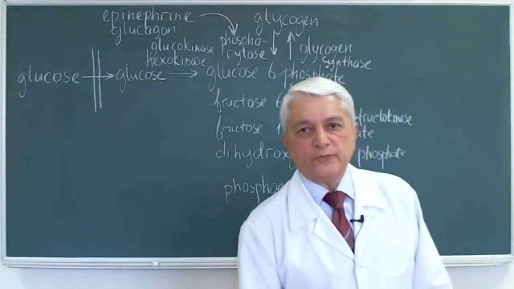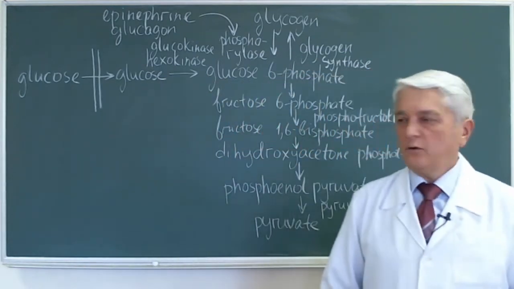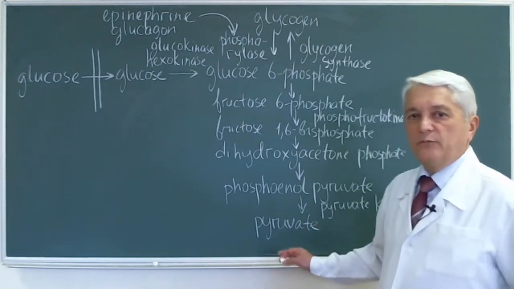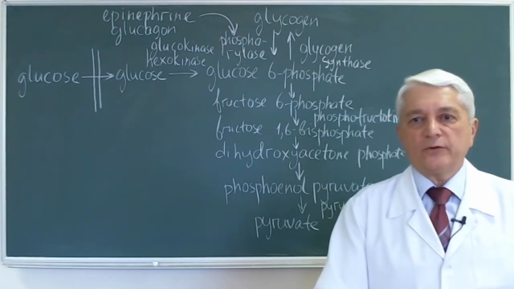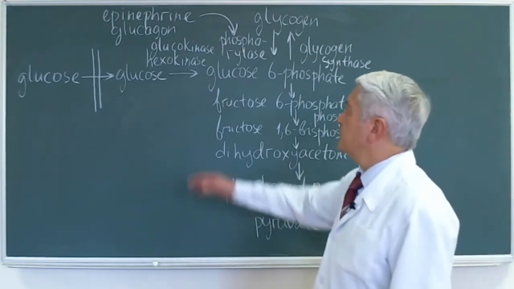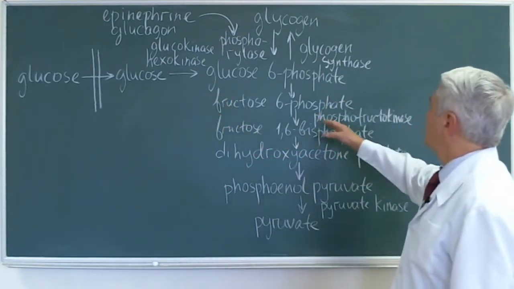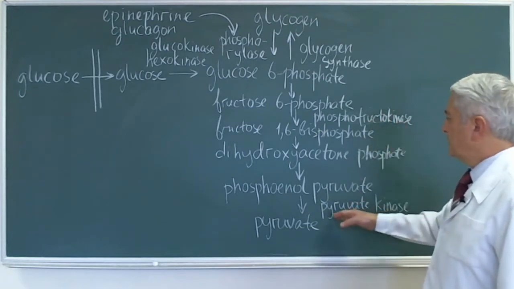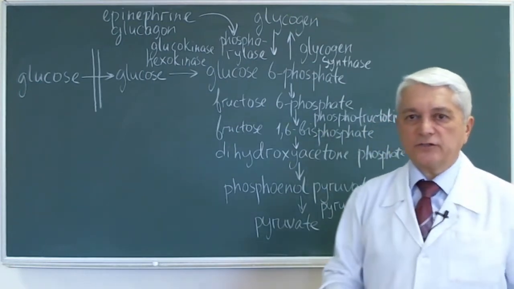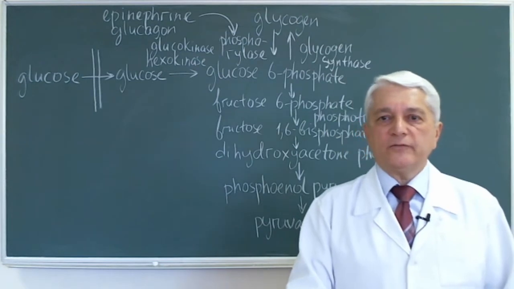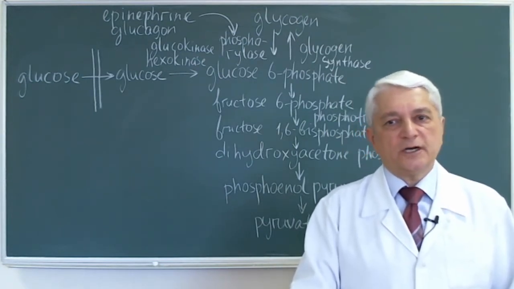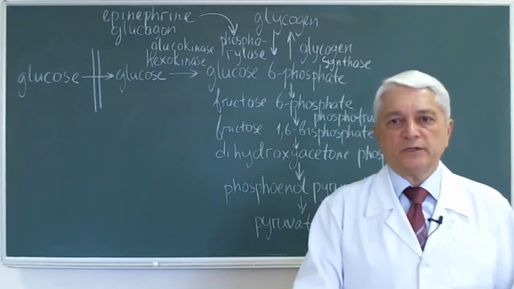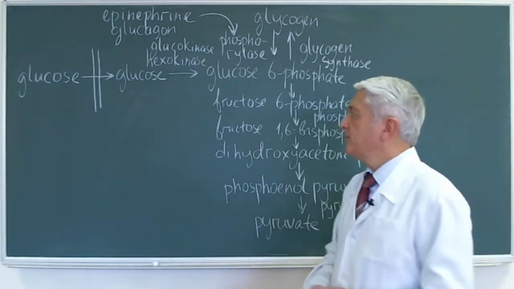What to do if we want to go back from pyruvate to glucose? We have problems with these three reactions, with hexokinase reaction, phosphofructokinase reaction, and pyruvate kinase reactions. But we have special ways, and now we shall discuss how these reactions can go back.